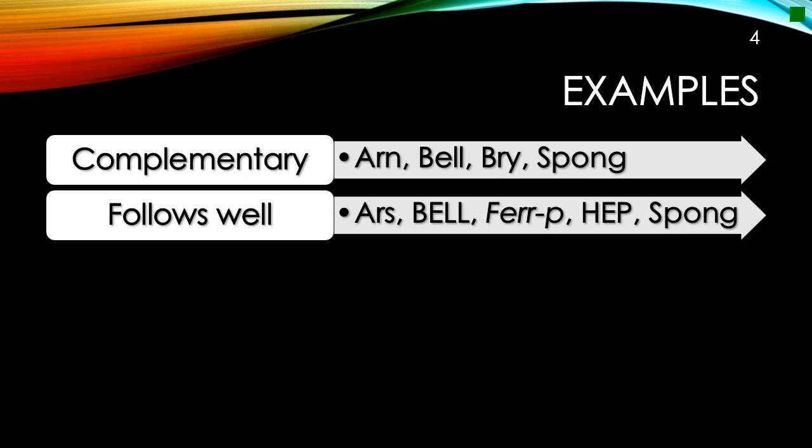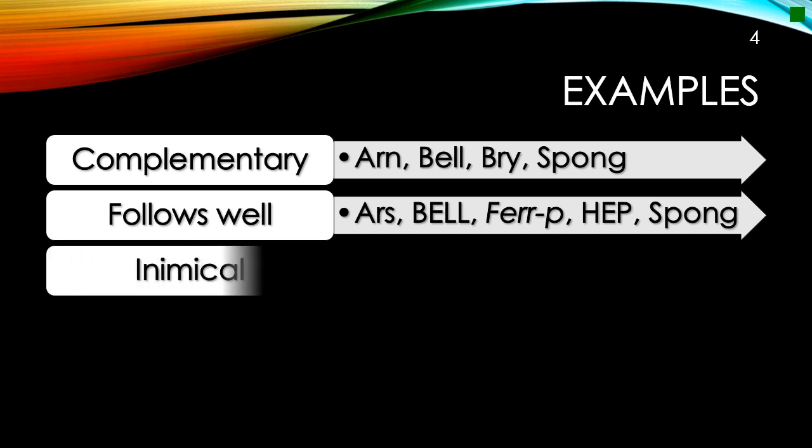If it is in plain print or plain font, then it has got a lower value. Those in italics are of a higher value, and those which are in capitals are of greater value. So there's more emphasis on belladonna, slightly less emphasis on ferrum, more emphasis on heparsulf, and as you can see, arsenicum and spongia are in plain font.